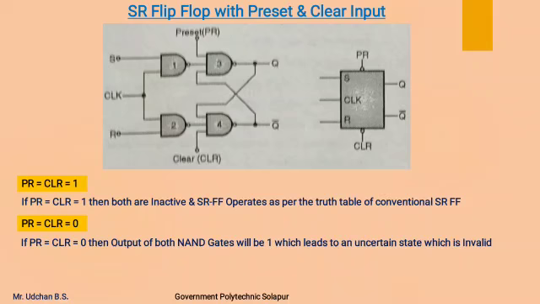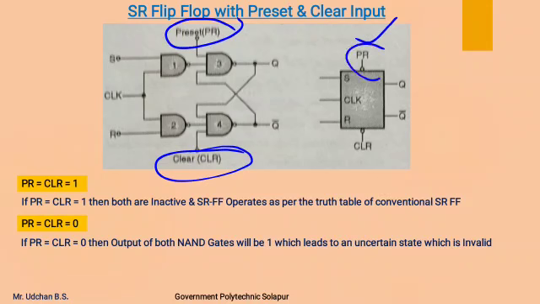Now we will see the SR flip-flop with preset and clear input. Here is the basic circuit diagram of the SR flip-flop in which only two terminals are added. This is the equivalent symbol of the SR flip-flop, in which these are the two terminals, preset and clear.